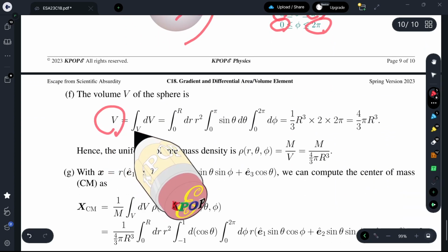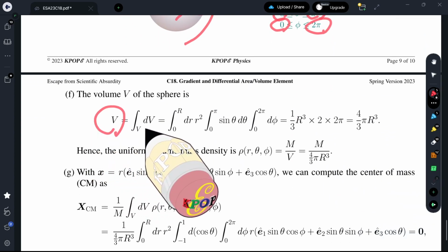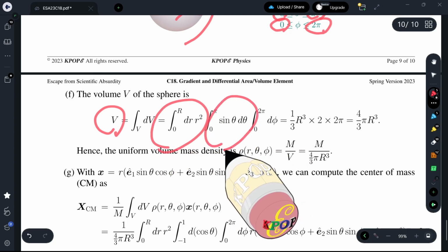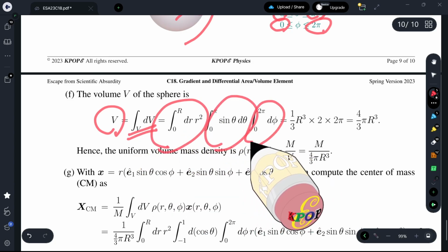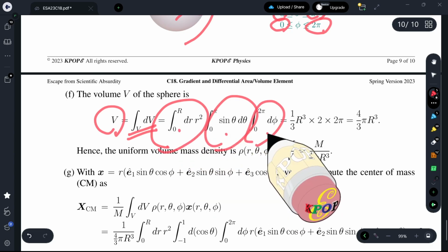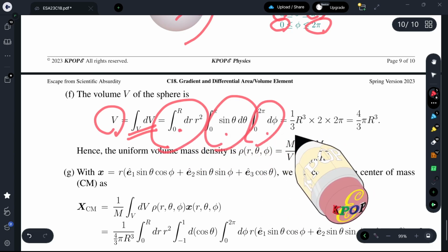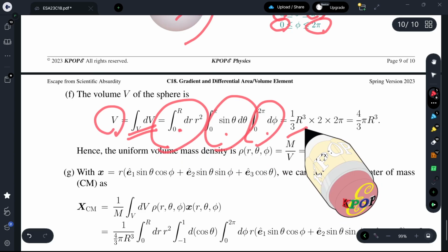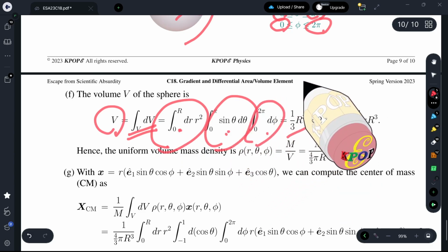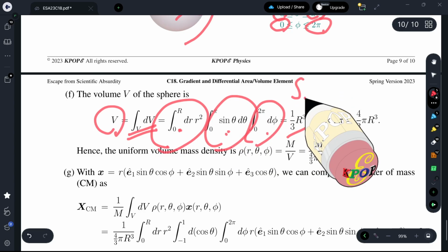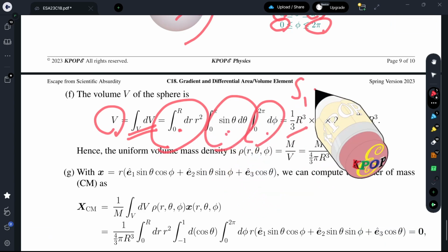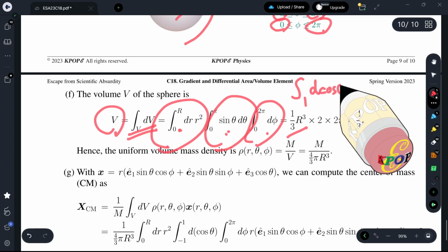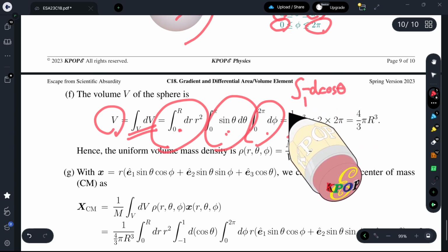The volume of a sphere can be evaluated by integrating over the allowed region, and these are all trivial integrals. The first one is 1/3 R cubed. The second one can be expressed as: at angle theta equals 0, cosine theta is +1.